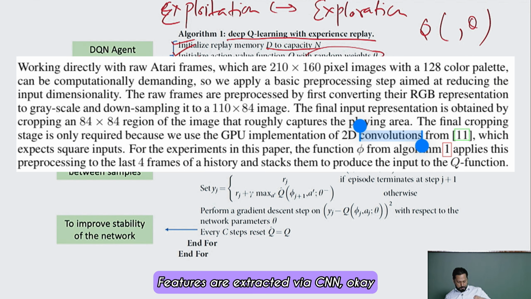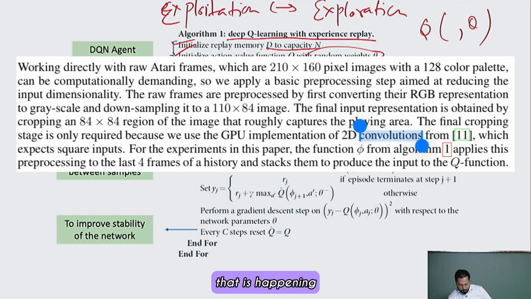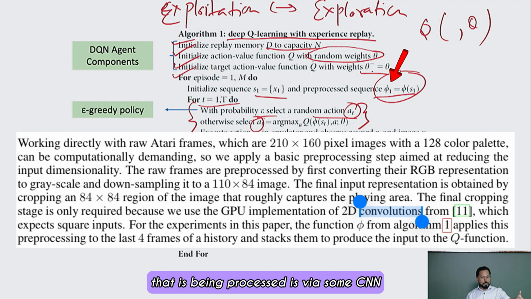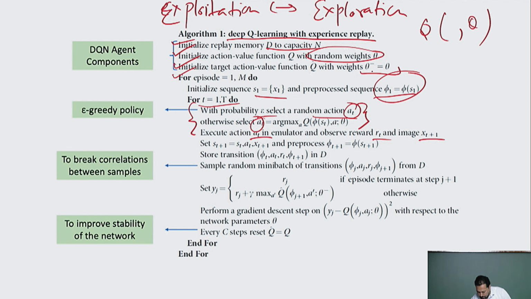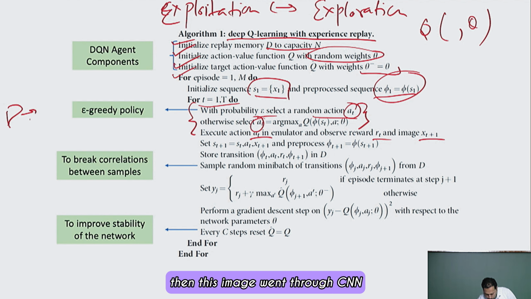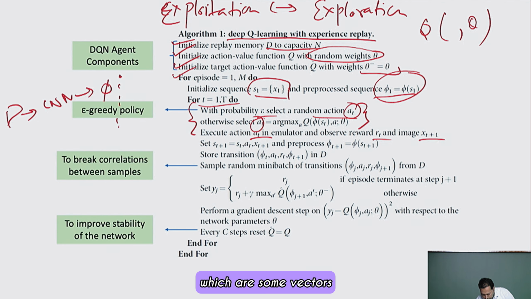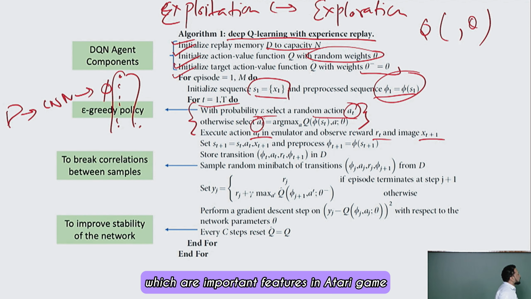Features are extracted via a CNN. So that will be the pre-processing that is happening. You may think of this phi as being processed via some CNN. So the state s1 = x1 was an image, then this image went through a CNN, and that produced features, which are vectors of important features in the Atari game.